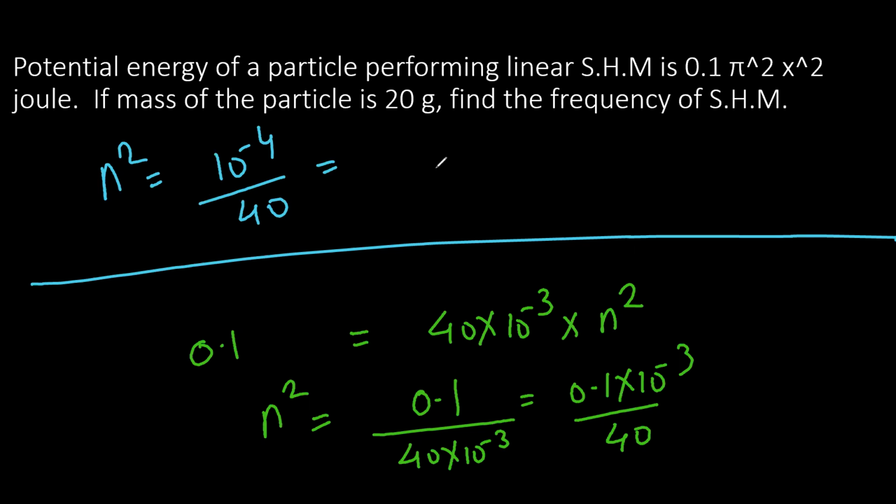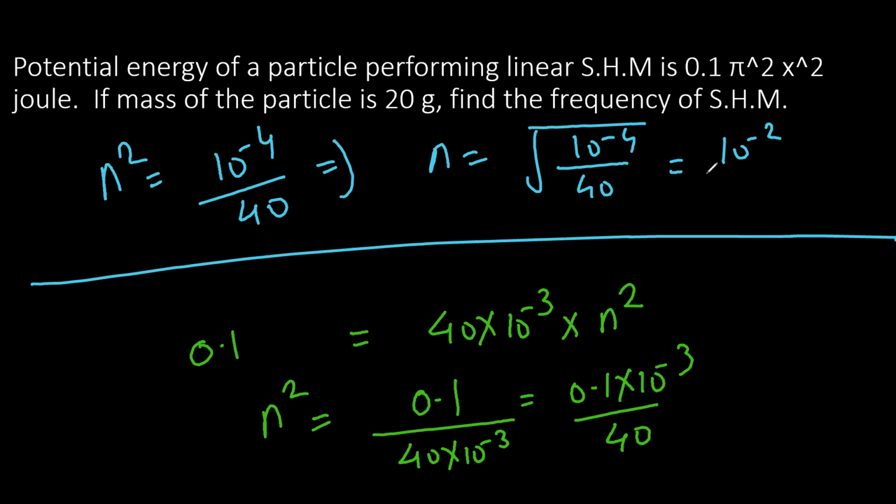Sure. So if you take a square root now, n becomes square root of 10 raised to minus 4 divided by 40. What is the square root of 10 raised to minus 4? It's 10 raised to minus 2. And what is the square root of 40? You need to find the square root of 40 by using the log table. The square root of 40 is 6.324.